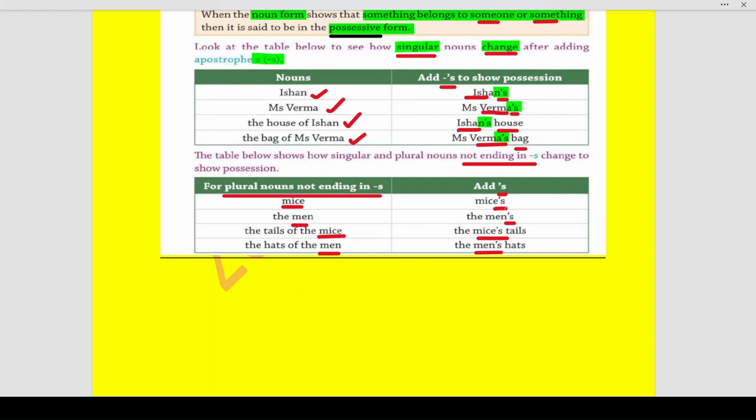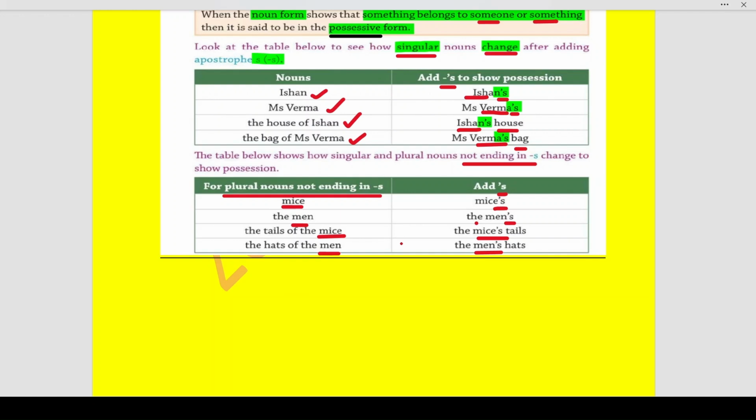Okay, so how does the apostrophe S get added here to these nouns to show possession? Mice, how will you add the apostrophe? Mice, apostrophe S. Men, over here, the men, apostrophe S, because men is itself a plural form of man.